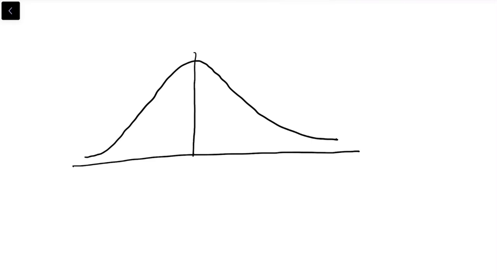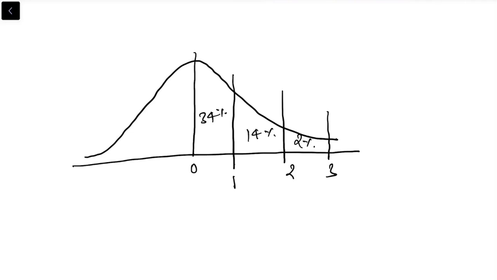So the mean is 0, and if you move 1 unit to the right side, then you'll get 34% area, and 1 more unit on the right side, this is 14%, and 1 more unit on the right side, this is 2%.